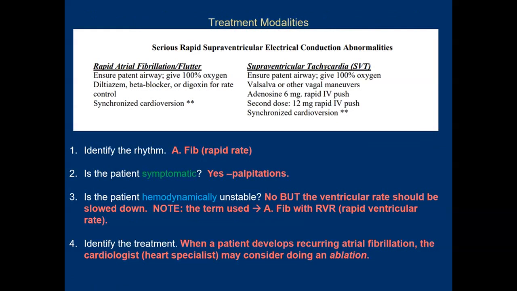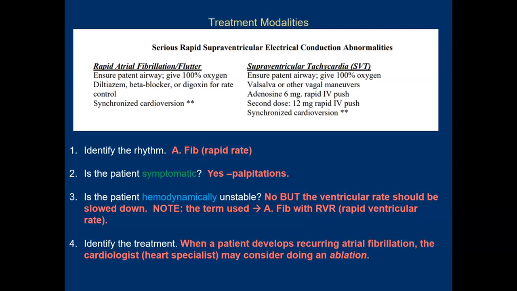And so the question, of course, is the patient symptomatic? Yes, they have palpitations. Is the patient hemodynamically unstable? No, but the ventricular rate has to be slowed down. And so we know that with atrial fibrillation and a rapid ventricular response, perhaps with the history that this patient has said, well, this has happened before.